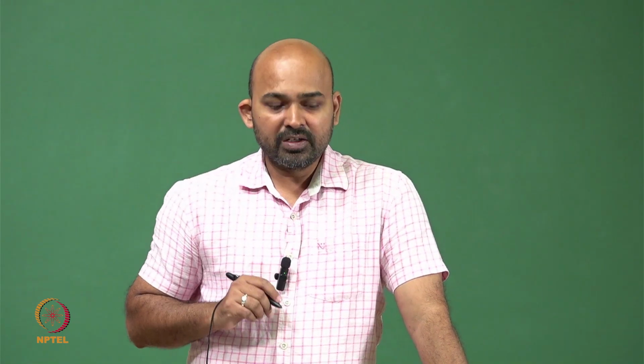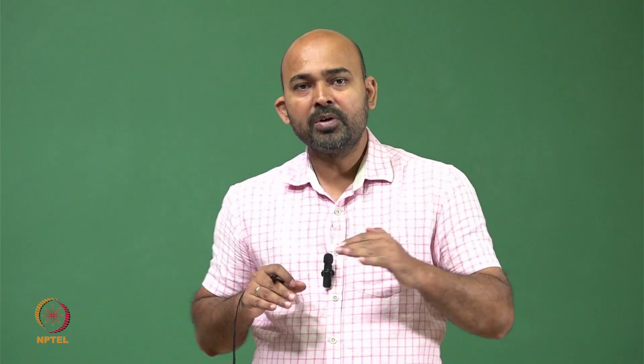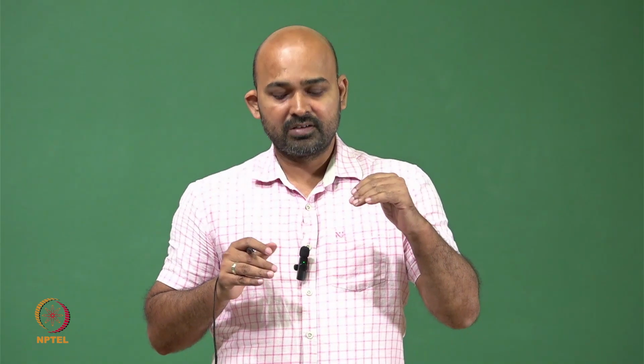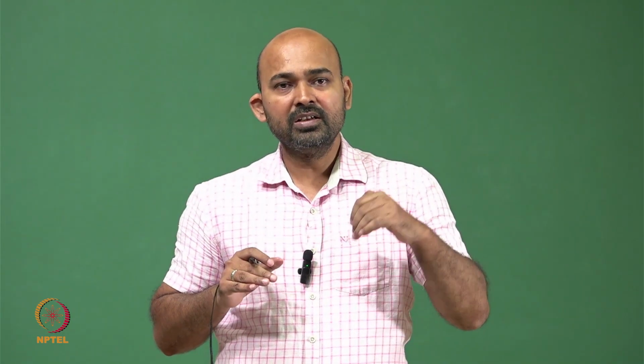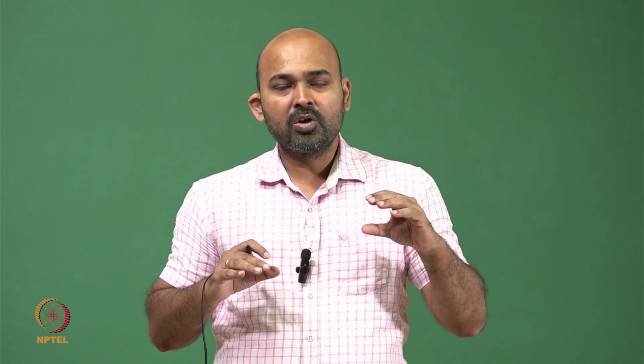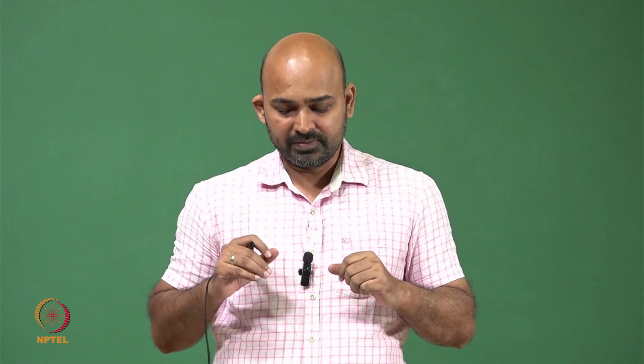Some property of this SAW device is that this surface wave which is traveling on top, most of the energy is confined only on the surface, and this decays exponentially within one wavelength of the signal. So almost 95% of the energy remains on the surface of the material.